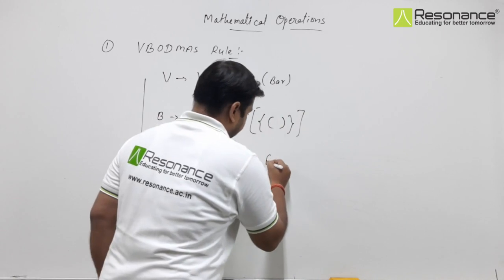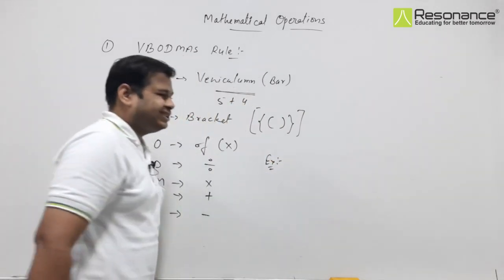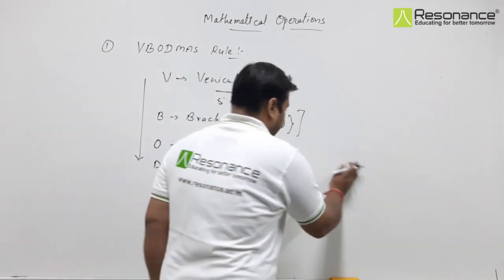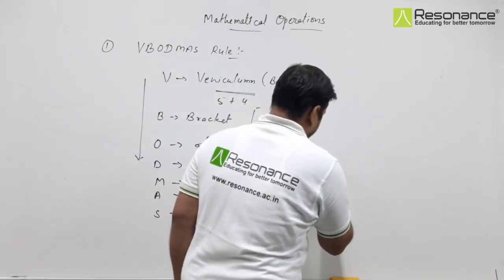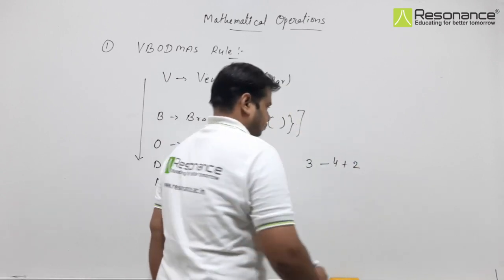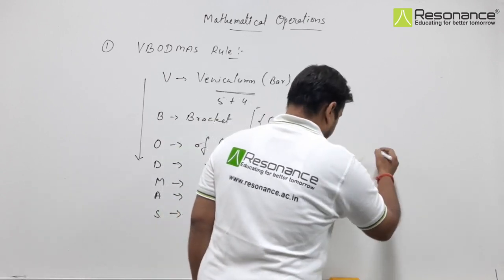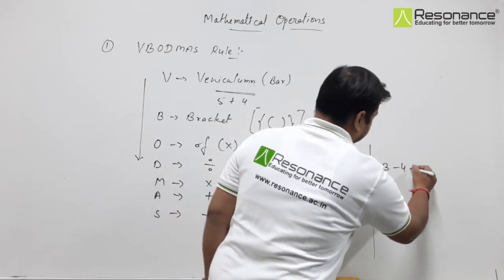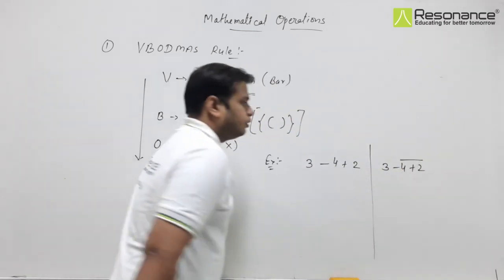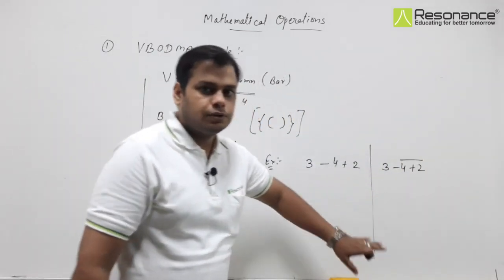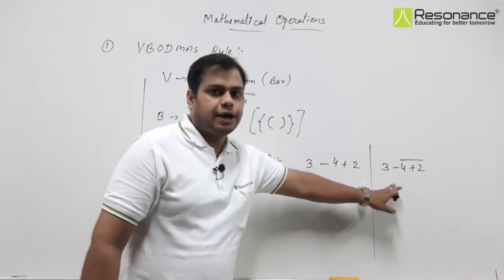Now what changes can be made if we don't follow this procedure? If we see, we have an equation 3 minus 4 plus 2. The same equation I am writing here, but I am drawing a vinculum above 4 and 2. Now what changes can be made by this?